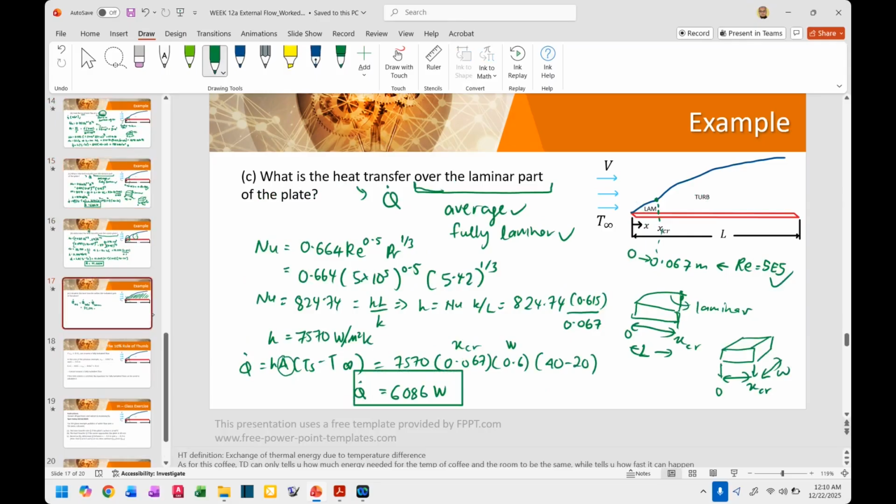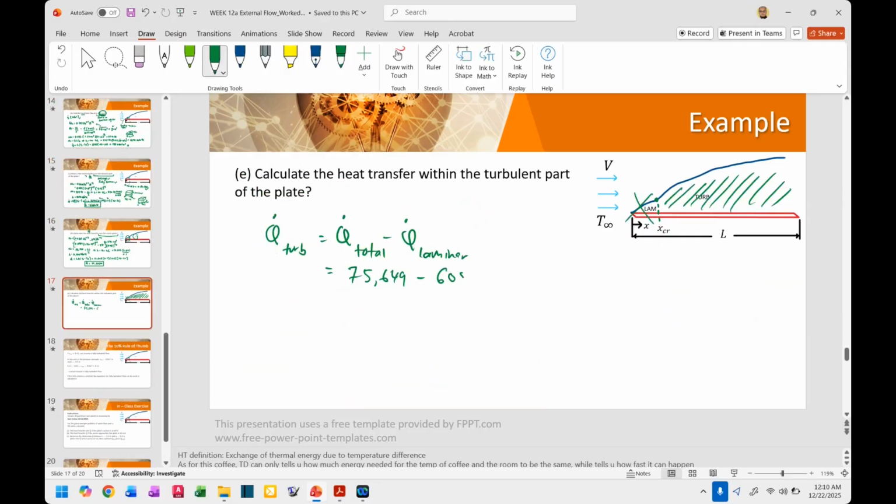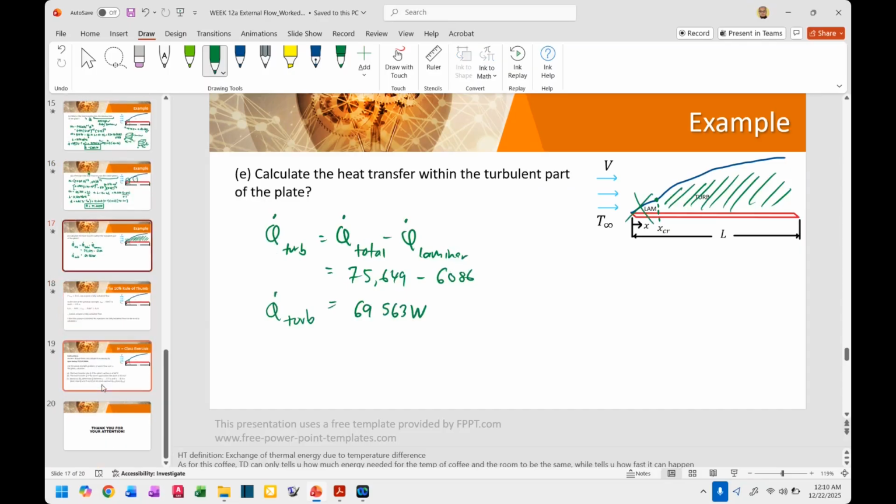So we subtract 6086, and then you will have the turbulent regime's heat transfer around 69,563 watts, close to 70K. So you see how significant the laminar portion is. Then we can go to the next slide.